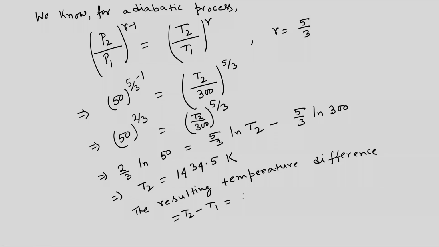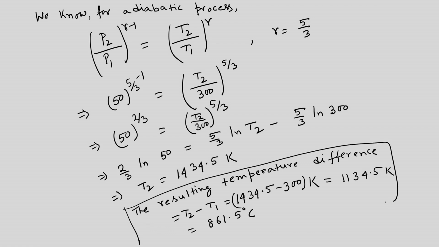So, we get 1434.5 minus 300 Kelvin. So, we get 1134.5 Kelvin, nothing but 861.5 degree Celsius. Okay, so, the resulting temperature difference is 861.5 degree Celsius.